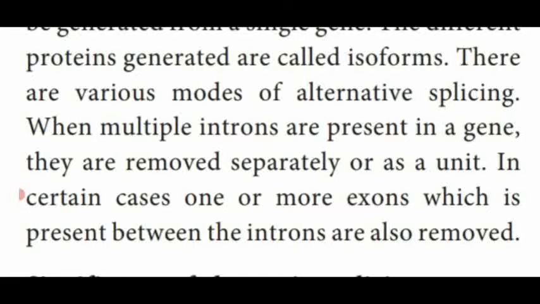There is RNA splicing in plants, and generally the splicing process takes place in all plants. Multiple proteins and multiple mRNAs are produced by a single gene. These different multiple proteins are known as isoforms.